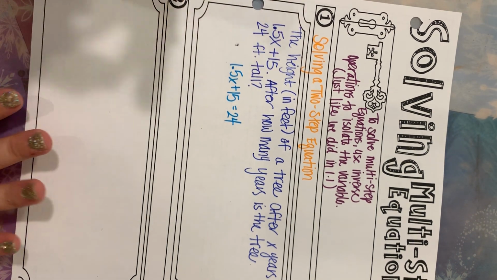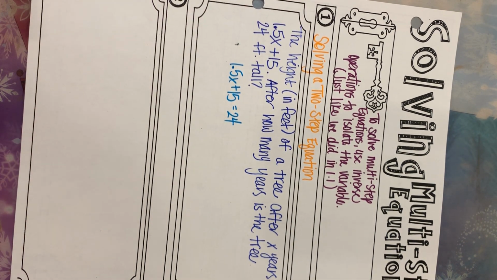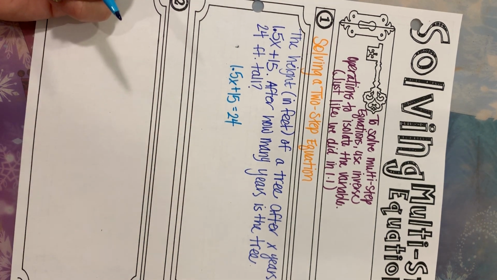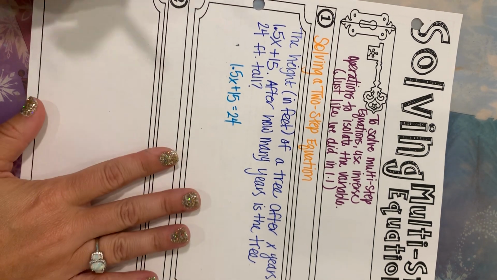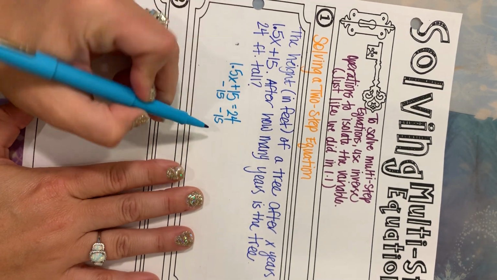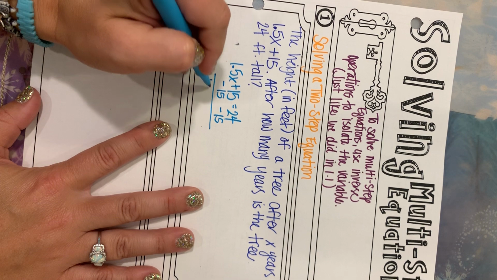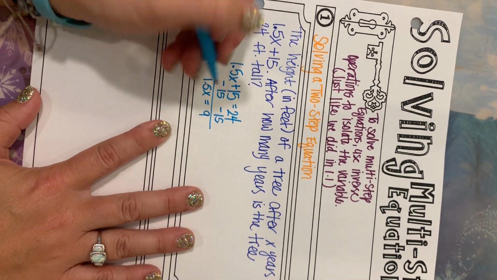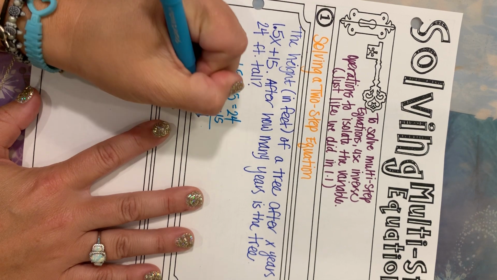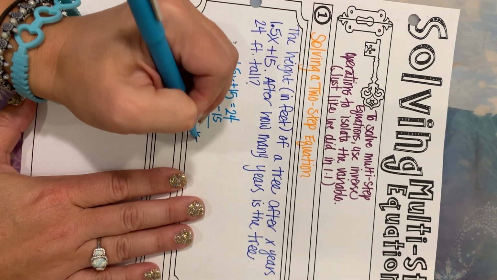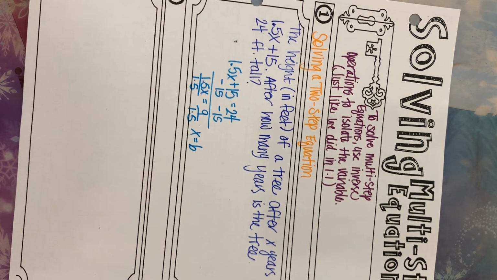So we have to do essentially the opposite of the order of operations, and we're going to undo our addition or subtraction first. So I'm going to subtract 15 from both sides here, and that's going to give me 1.5x equals 9. And then I'm going to divide both sides by 1.5, and that's going to give me x is equal to 6.